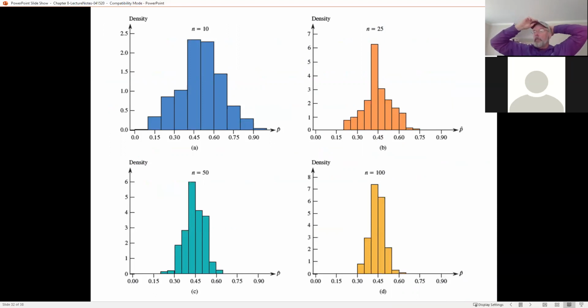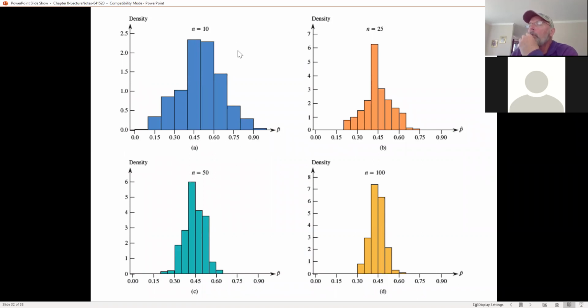Okay, so let's first think about what these are. So here is sample size of 10, 25, 50, and 100. And on the x-axis, what do we have as the scale? We have p hat for each one of these. The scale goes from 0 up to 1, and it can't be any larger than that.